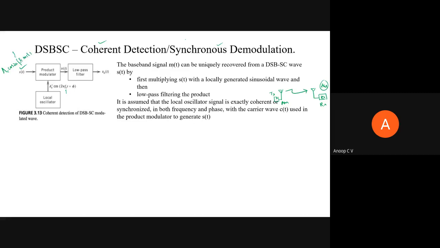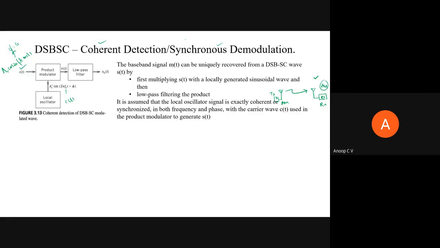The initial phase we assumed, phi, was equal to 0, but we cannot guarantee precise phase synchronization between the carrier and the local oscillator. It generates c of t locally at the receiving end. And of course we have an issue: we don't know the precise phase, so it won't be in phase synchronization with the carrier used at the transmitter.